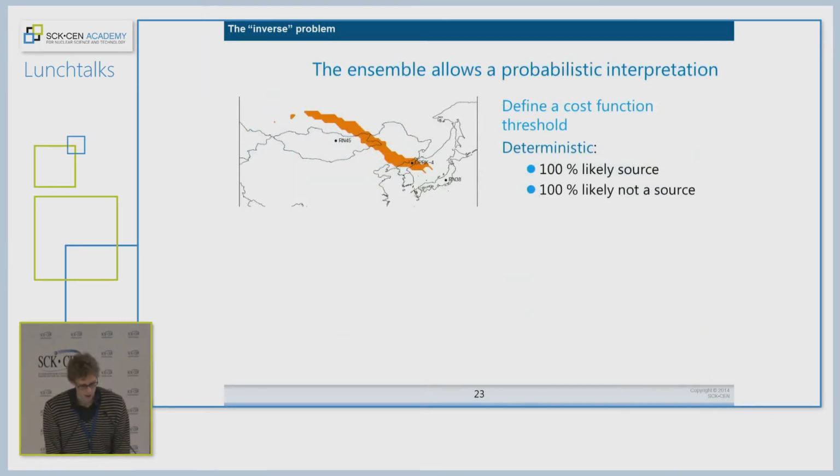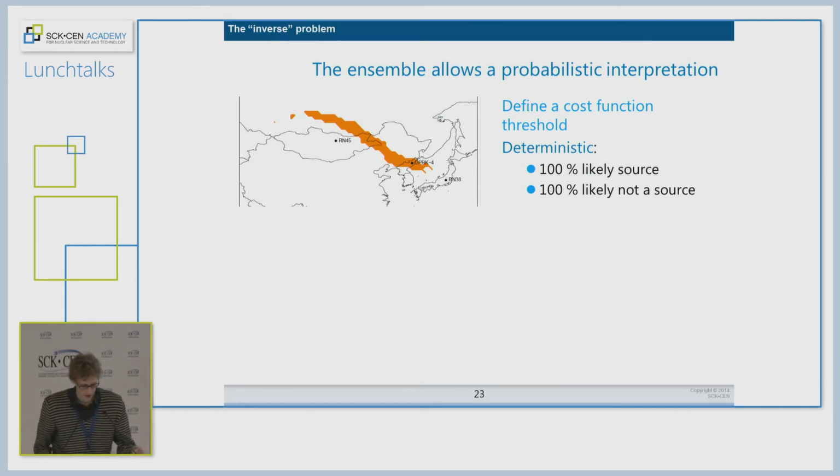Now, finally, I would like to show the added value of the ensemble. On the figure on the left, you can see the results for the deterministic simulation. The idea here is that we define a cost function threshold, and we show the region where the values of the cost function are below that threshold.